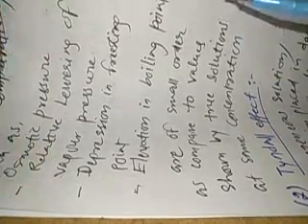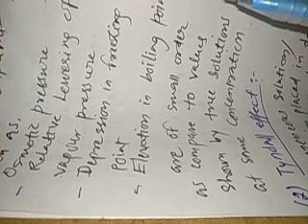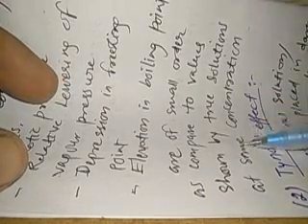So if the concentration of colloids and the concentration of the solute are the same, then the colligative properties shown by the colloidal particles will be smaller than those shown by the true solution. This is how we can understand.